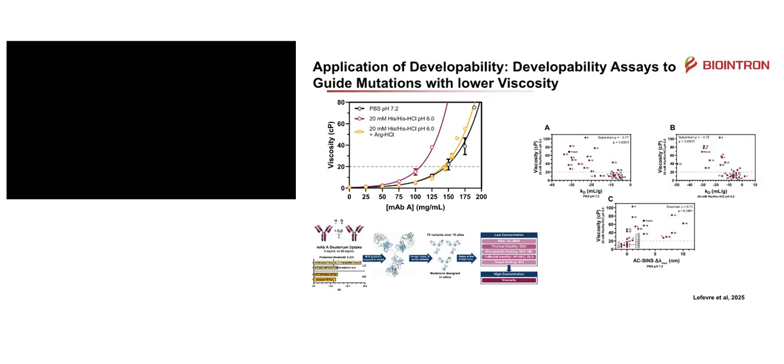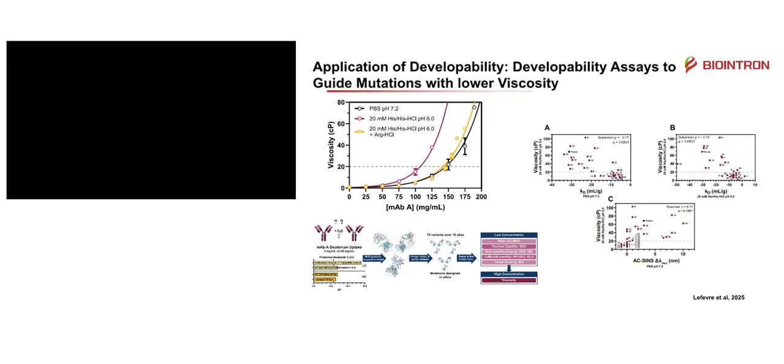So this is a method to narrow down the candidates before you really run the viscosity experiment, because in that experiment you need really high concentration of antibodies. So there are a lot of developability assays which can help you narrow down the candidates, because before you do the monkey experiment, probably you will generate multi-hundreds of milligrams or even grams of antibodies.